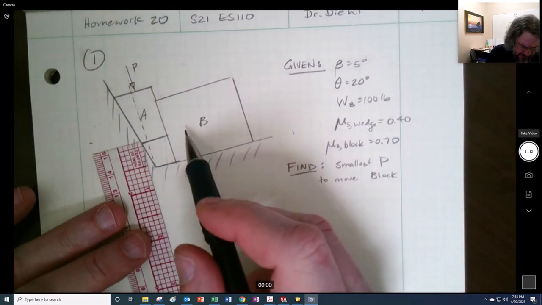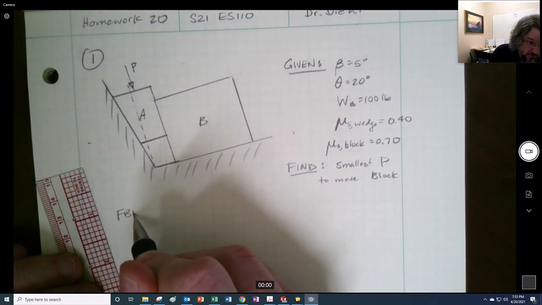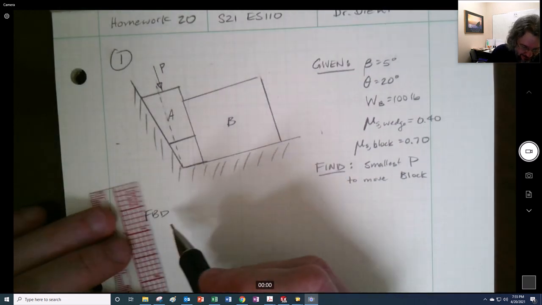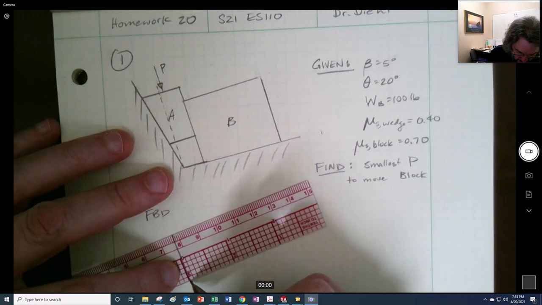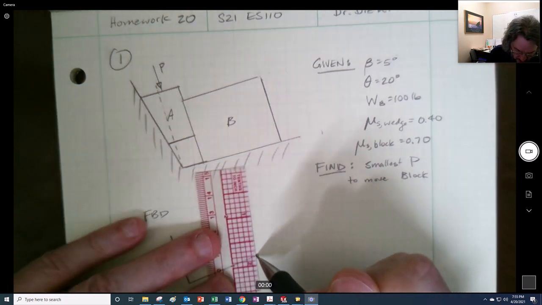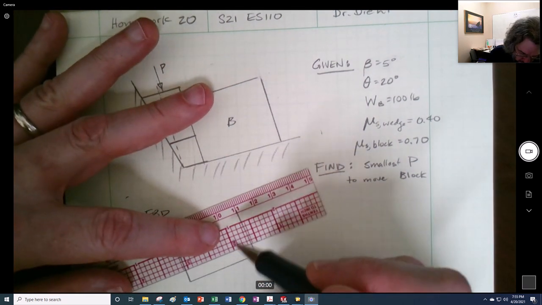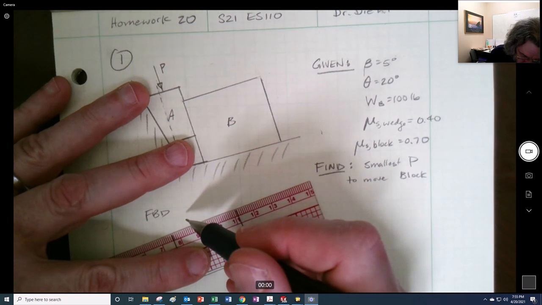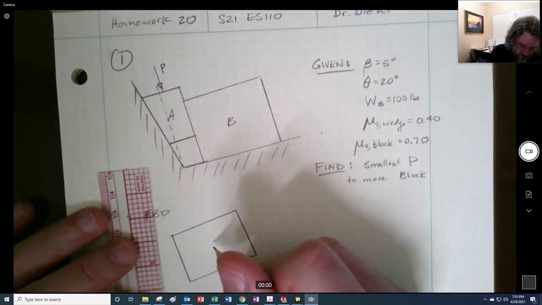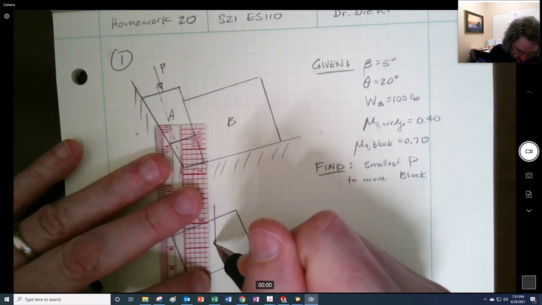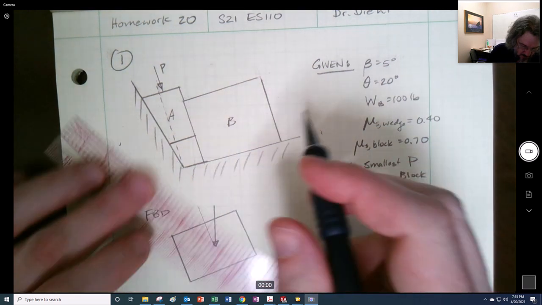I haven't had a question yet, so okay, here we go. Let's do a little FBD action. Let's start with the block, and it's on a slope. You get weight coming down. I didn't put the angle in there.